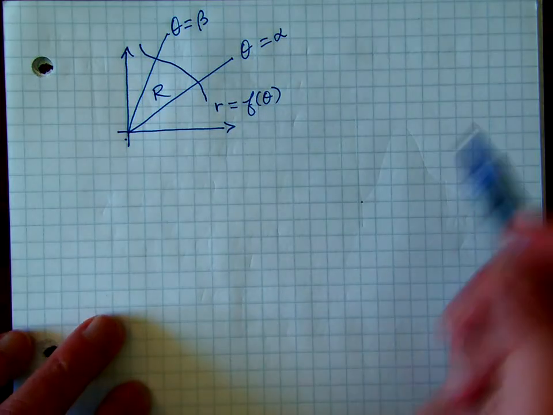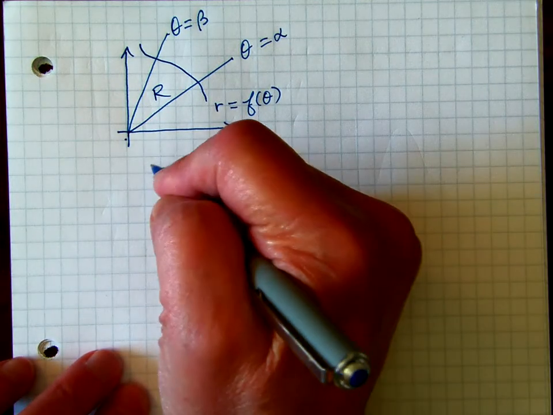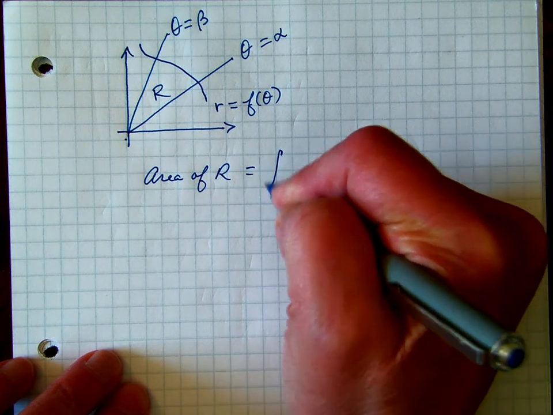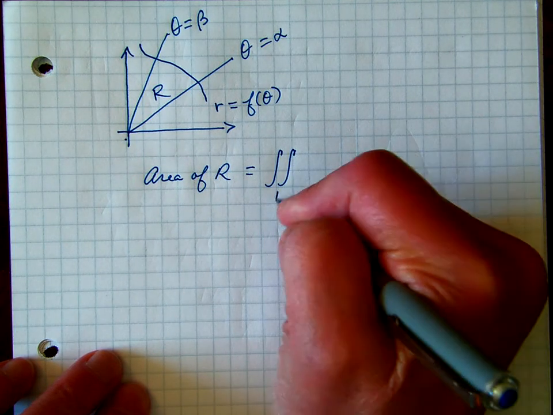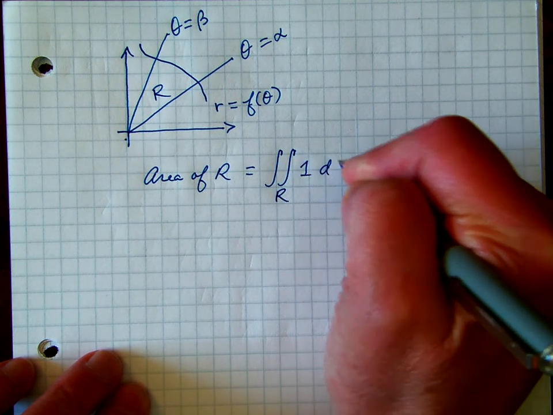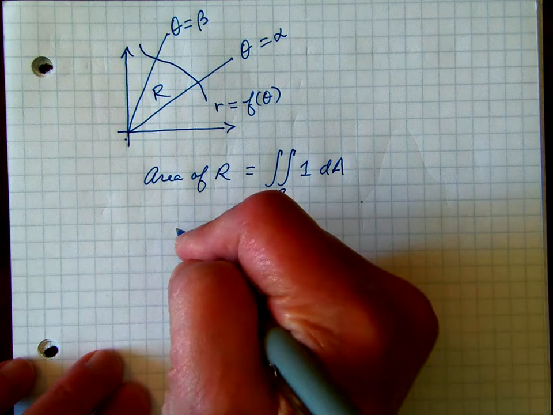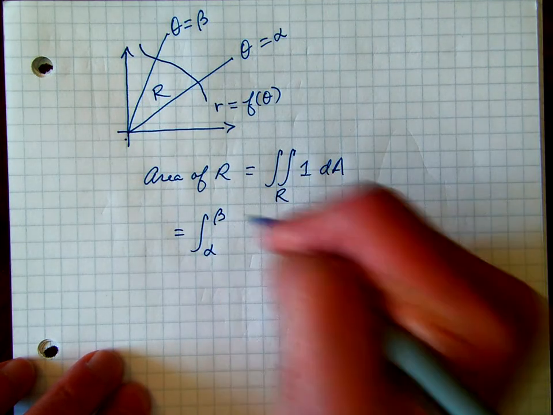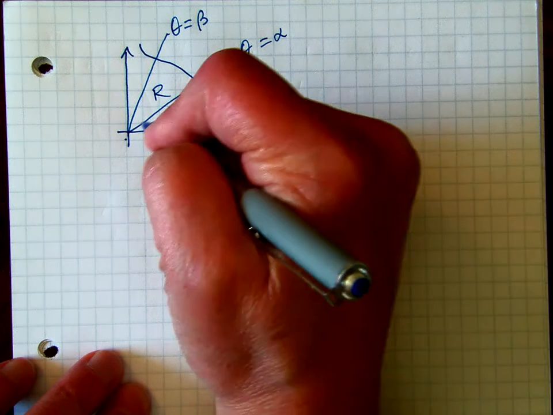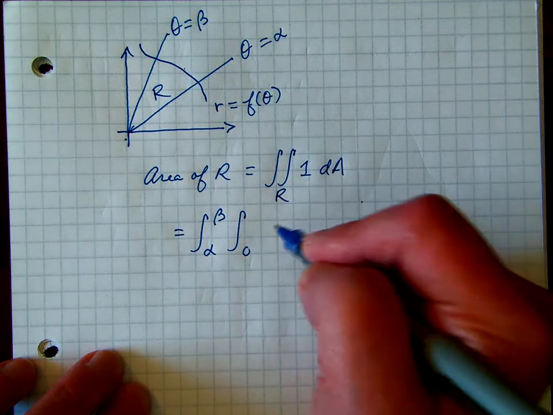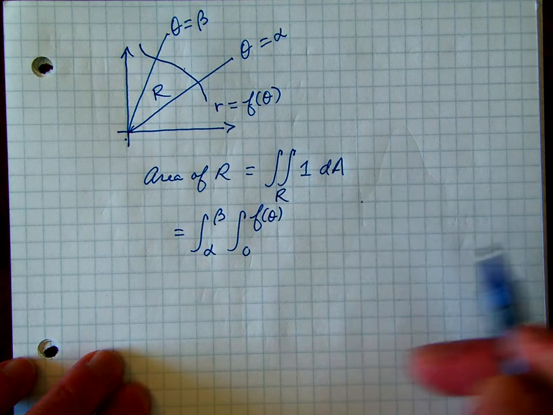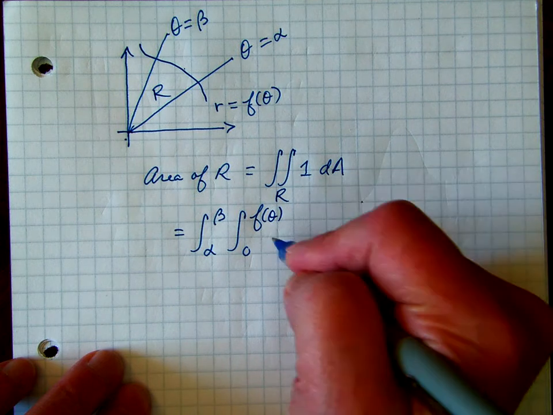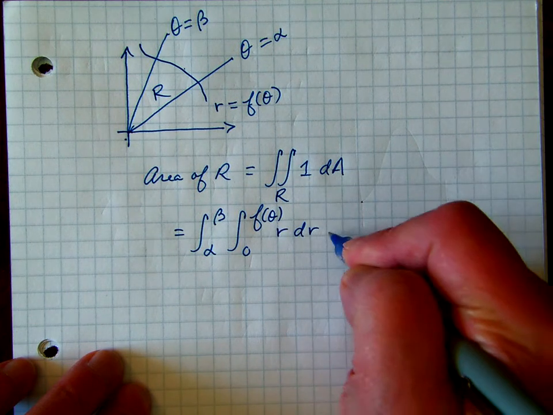You should recall, the area of R can be obtained by just double integrating 1 with respect to area. If we do this for that region, we go from alpha to beta. We go from 0, from the pole, out to that function, f of theta. And there's 1, and this is r dr d theta.